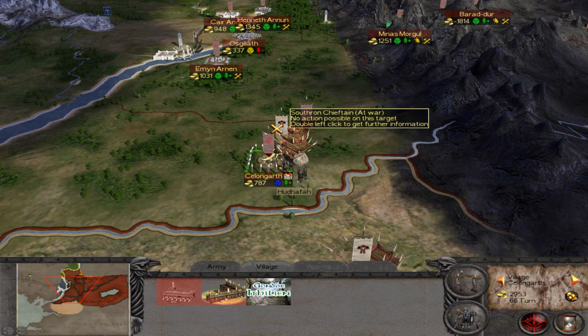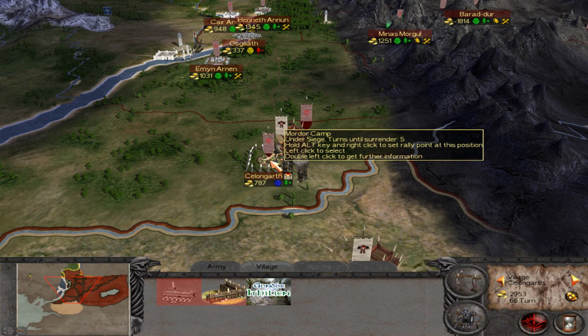Could sell out at Sauron, but I think we'll let them attack.